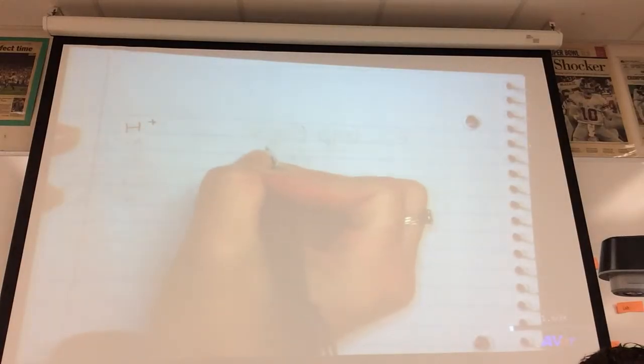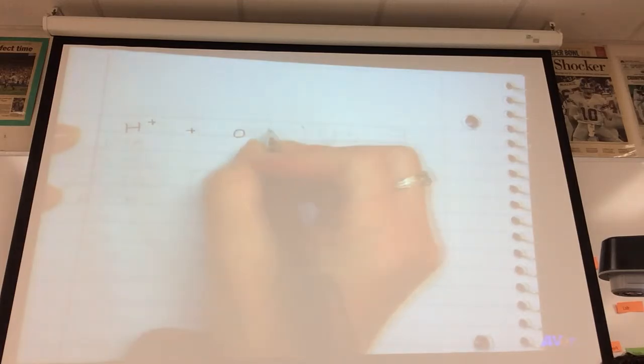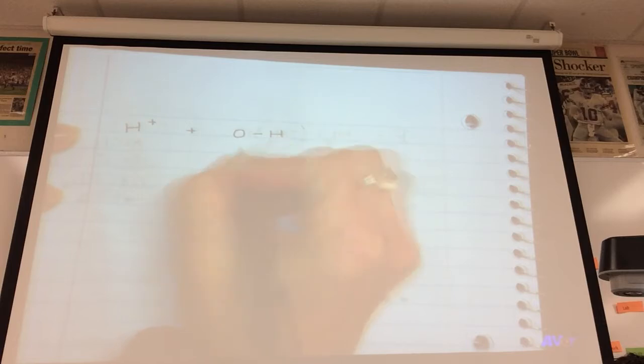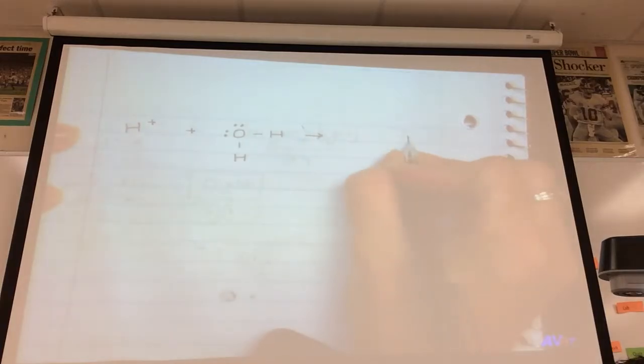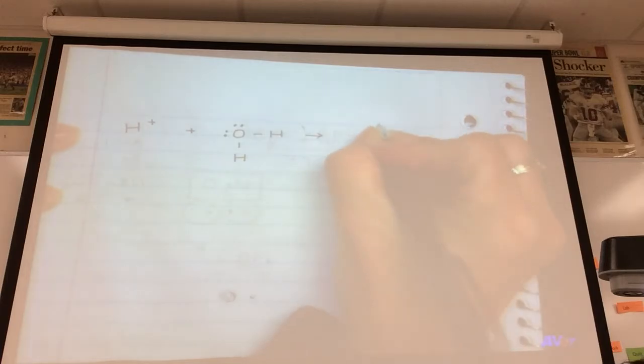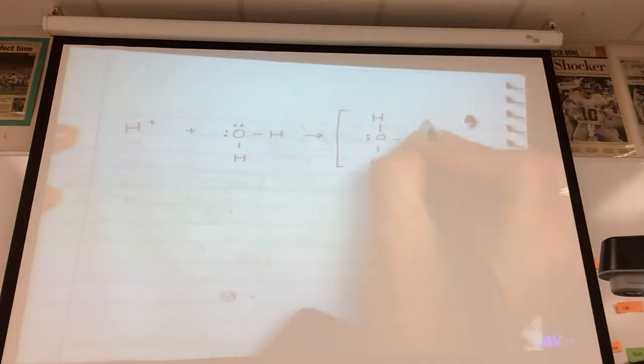For example, if you had a proton that's lost its electron and water, and I'm going to draw water like this so you can really see how it smacks on, you can form a hydronium ion.